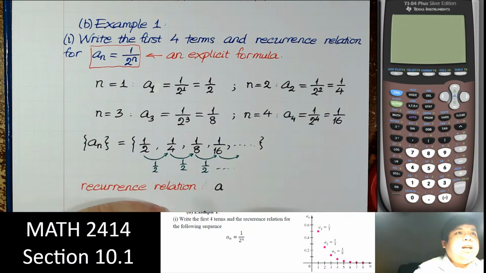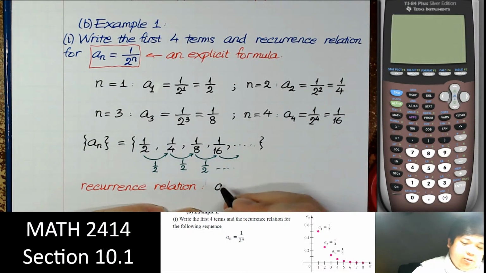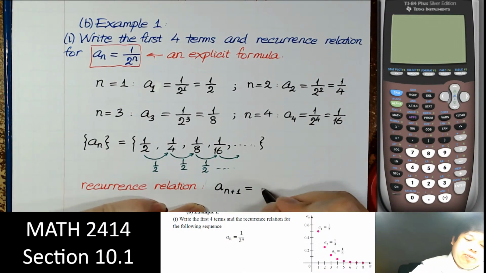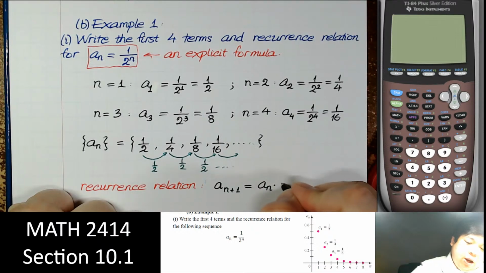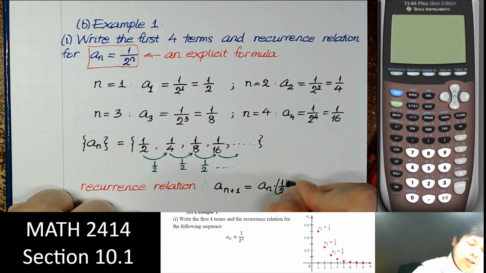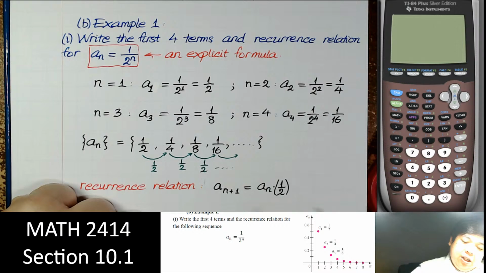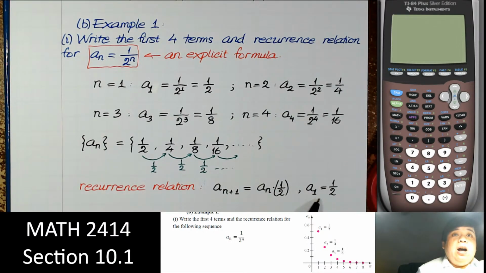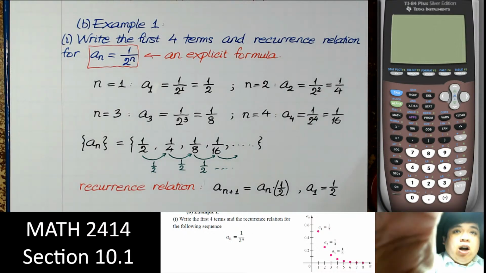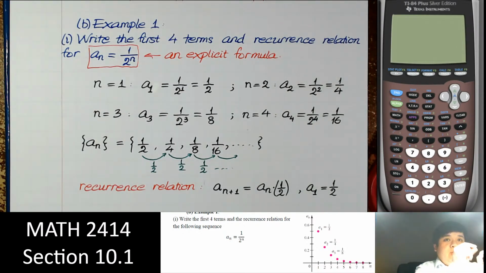Either we write a_n or a_(n+1). Let's say a_(n+1) equal to 1/2 a_n. So to get to the next term from this term, we multiply by 1/2, and we know that the first term is equal to 1/2. As always, we need to have the first term in the recursion relation, so we can go from the first term to the second, and then from the second to the third, and so on.